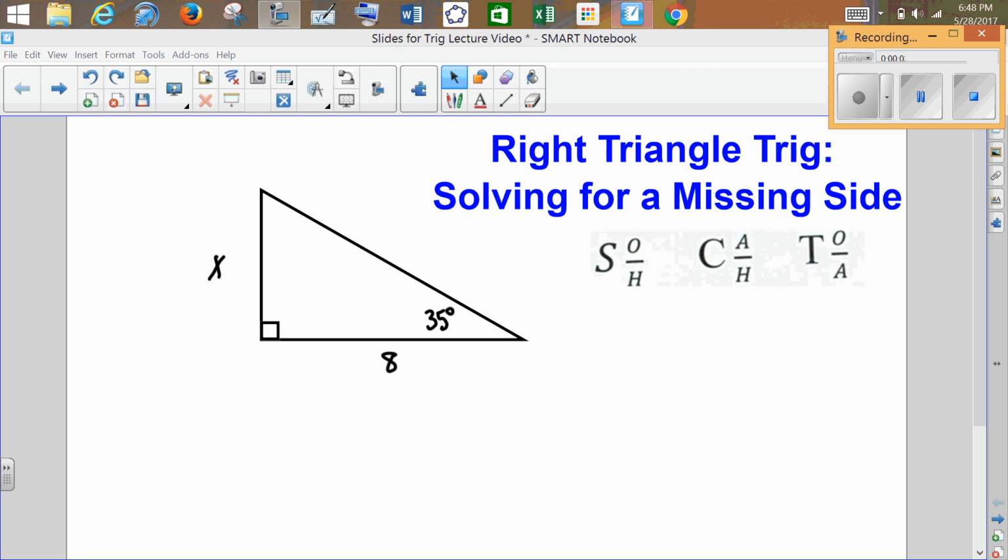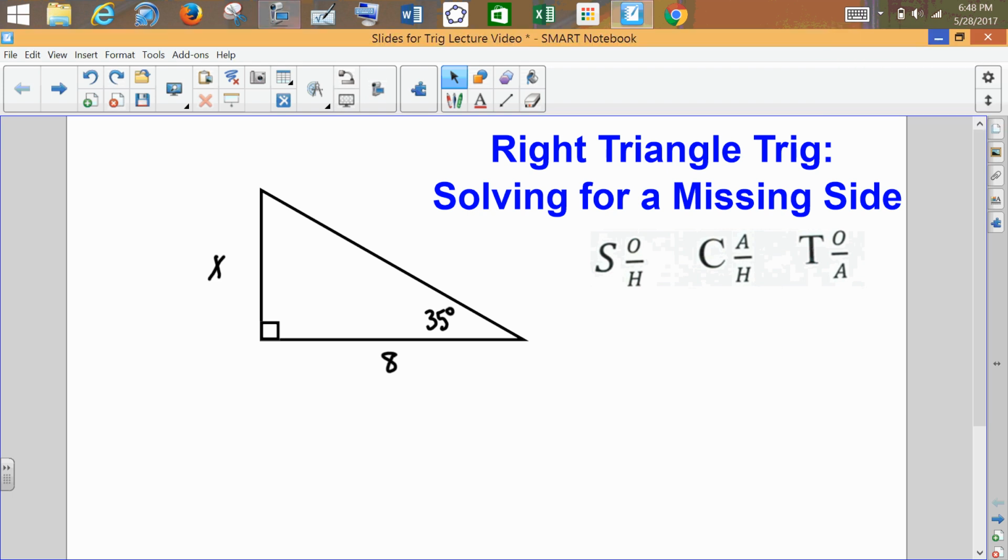In this video, I'm going to explain how to use right triangle trig to solve for a missing side in a right triangle. Here I have a diagram of a right triangle, and I have the measure of one of my acute angles, 35 degrees.